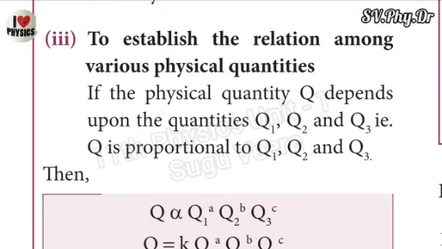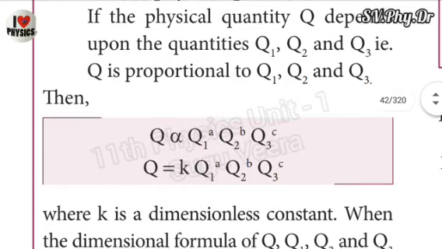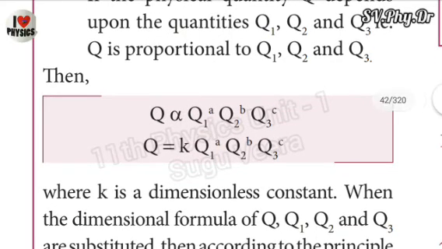Now see the third application: to establish the relation among various physical quantities. If the physical quantity Q depends upon the quantities Q1, Q2 and Q3, that is Q is proportional to Q1, Q2 and Q3, then Q is directly proportional to Q1 power of a, Q2 power of b, Q3 power of c.